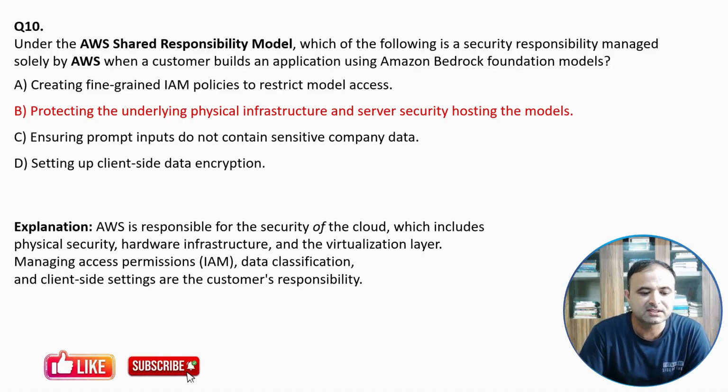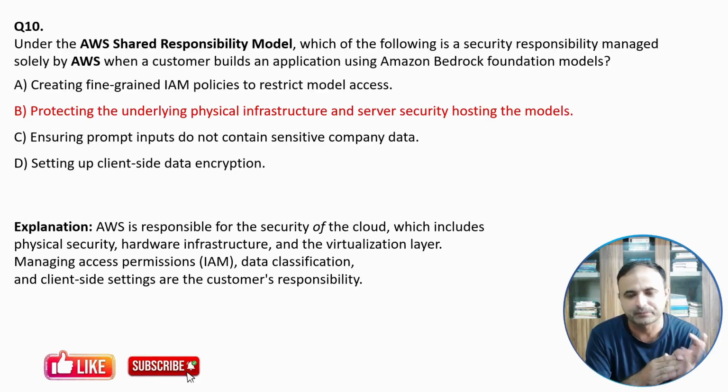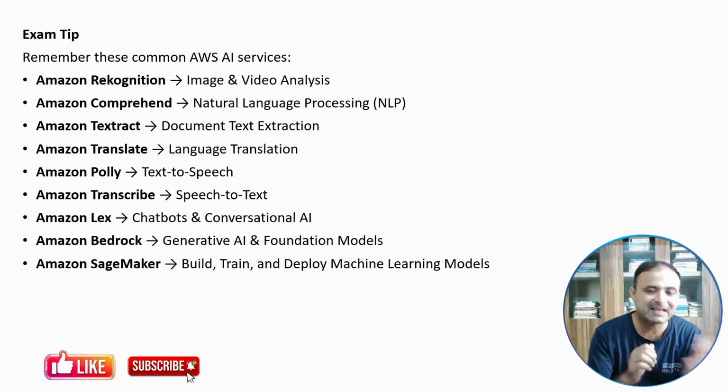So AWS is responsible for security of the cloud, which includes physical security, hardware infrastructure, and the virtualization layer. Managing access permissions, IAM, data classification, and client-side settings are the customer's responsibility, security in the cloud. Some exam tips.